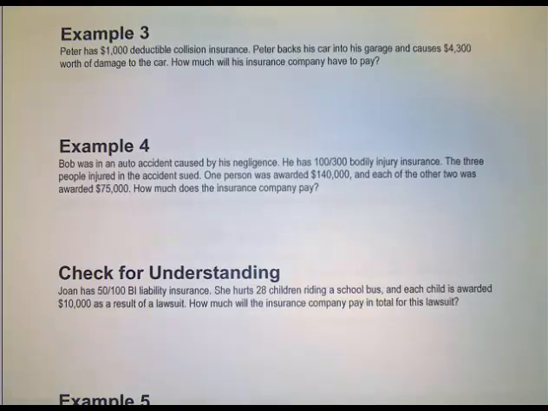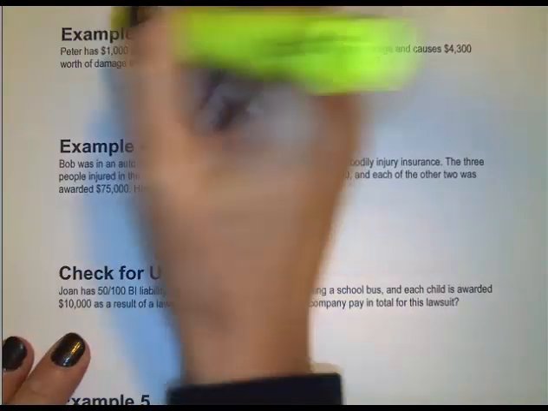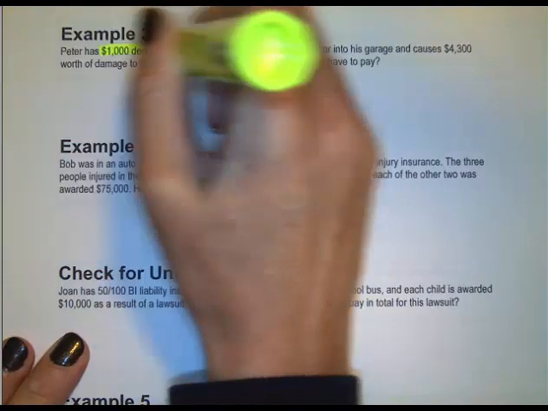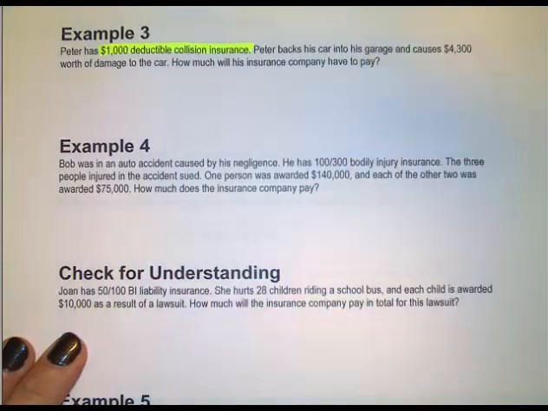So Peter has a $1,000 deductible collision insurance. Peter backs his car into his garage and causes $4,300 worth of damage to the car. How much will his insurance company have to pay? Well, this is key right here. A deductible means that you have to pay that amount before the insurance kicks in. So if he only had $500 worth of damage, then the insurance company wouldn't pay for any of it. Okay?